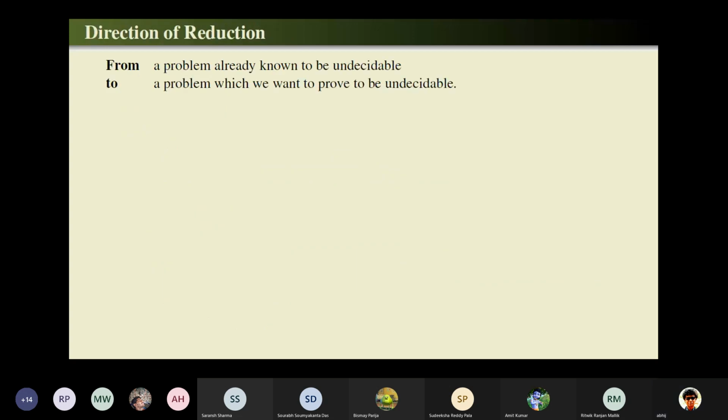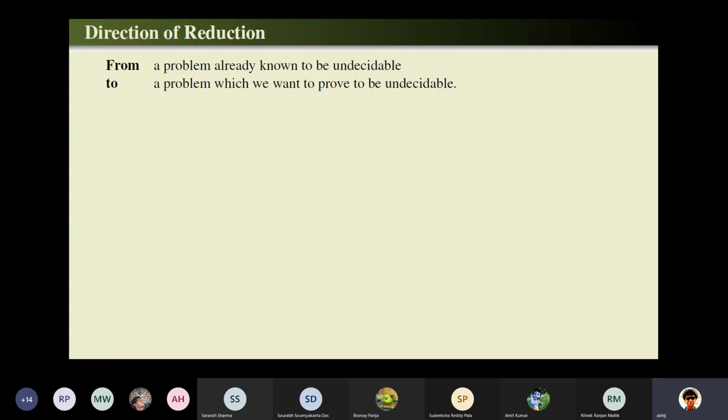So by a diagonalization argument, you can prove MP to be undecidable, or you can use reduction from HP. So this is the important thing for a reduction.